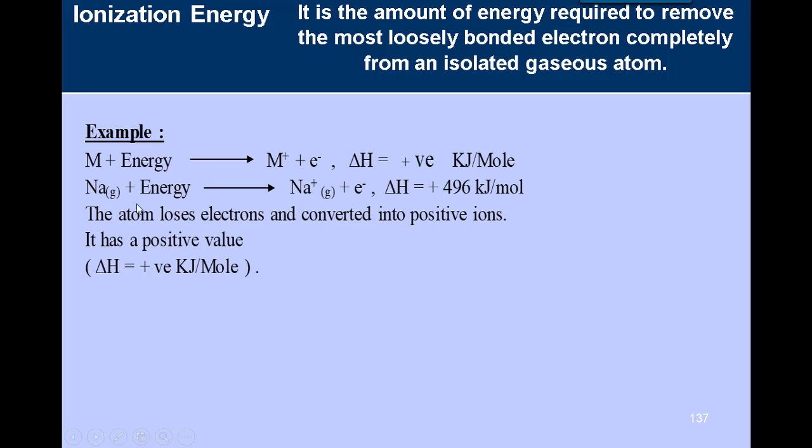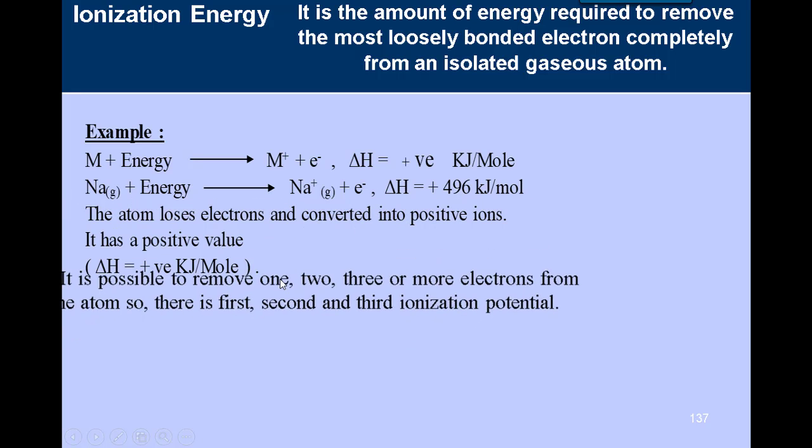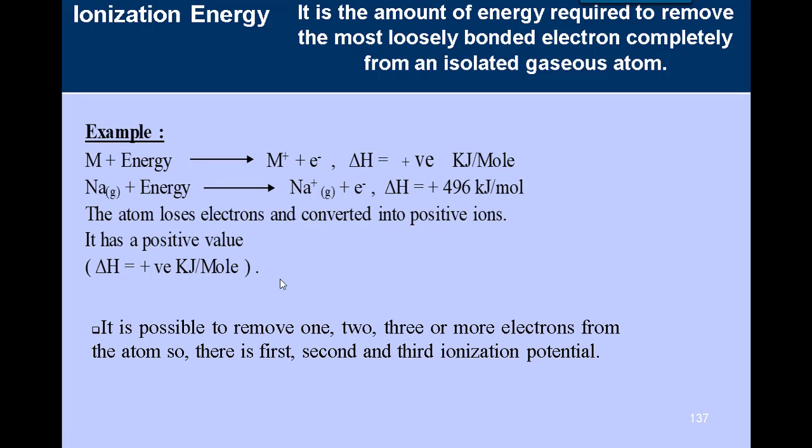For example, if we have sodium in gaseous state and we give it an amount of energy, it will change into a positive ion and the electron will be removed from the atom. You can observe here that the value of delta H will be positive as this atom gains the energy to change into a positive ion.